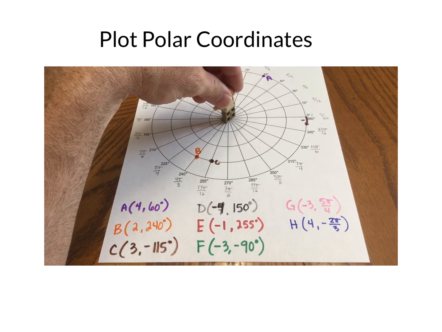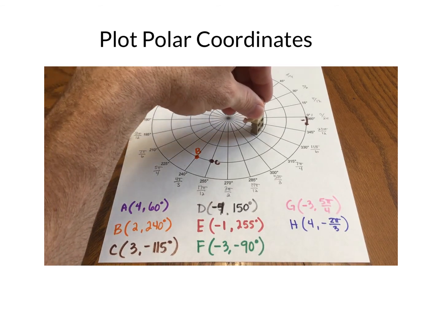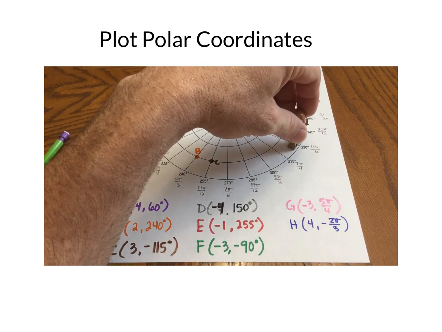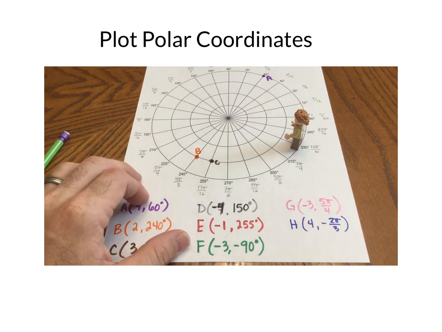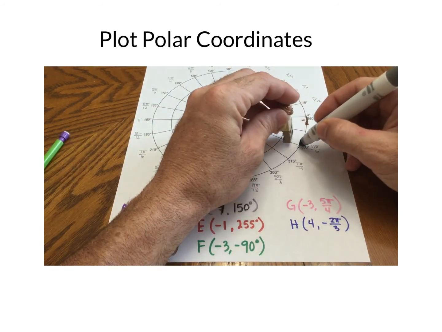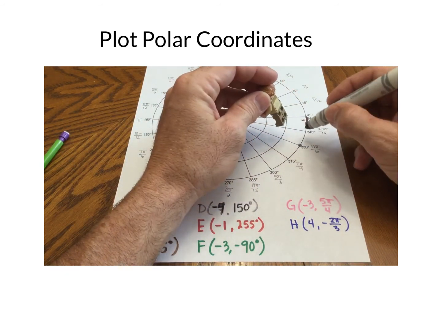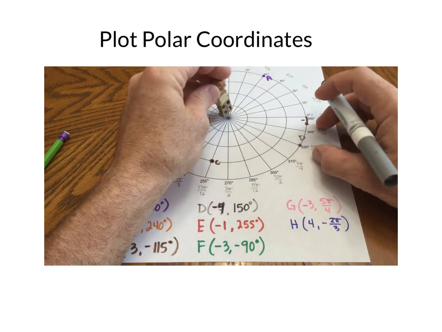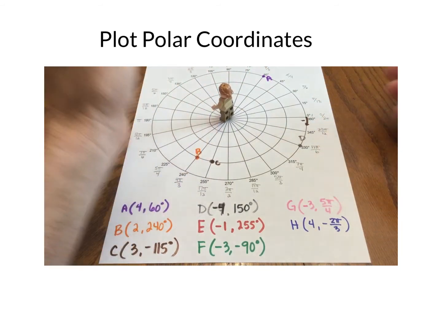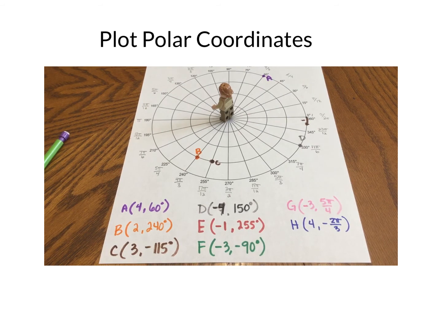So we're going to walk 4 units, 1, 2, 3, 4, in the opposite direction from 150. You're going to walk away from the 150. So this is where point D is going to end up. Negative 4 units. So away in the opposite direction from 150 is going to get you to the negative part.